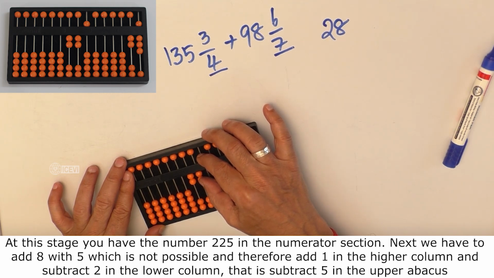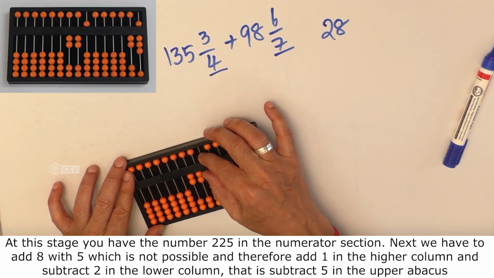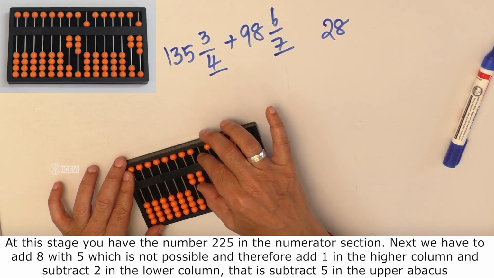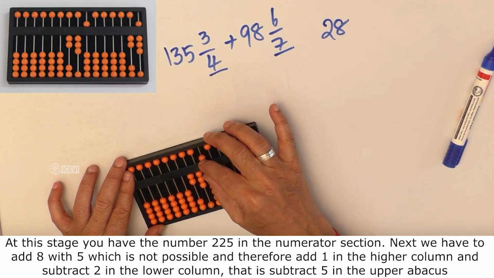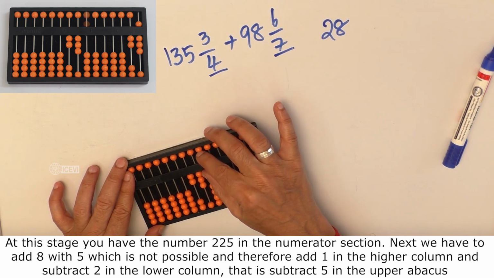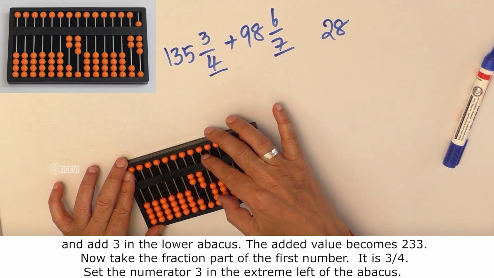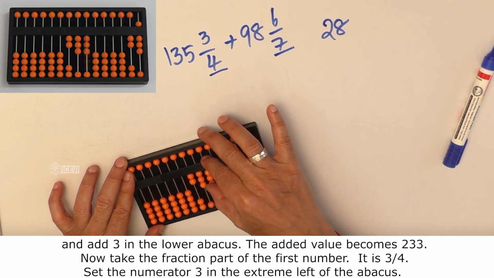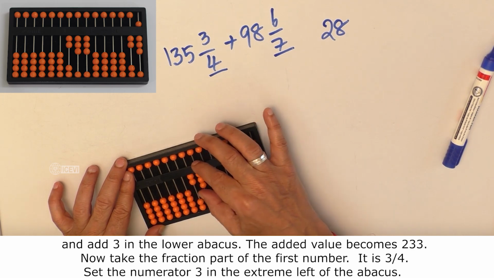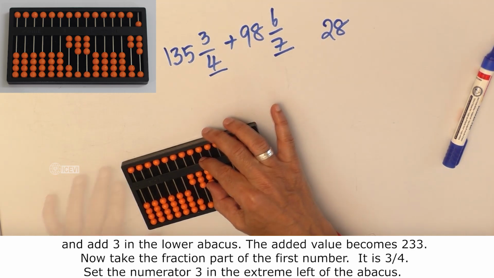Next, we have to add 8 with 5, which is not possible, and therefore add 1 in the higher column and subtract 2 in the lower column. That is, subtract 5 in the upper abacus and add 3 in the lower abacus. The added value becomes 233.